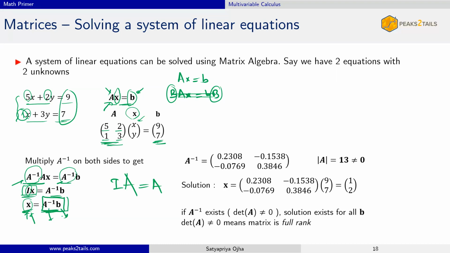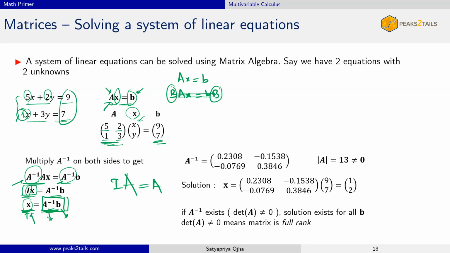Now, naturally, for the solution to exist, A inverse must exist. So x is unique, the answer for x exists, one unique answer for x exists if A inverse exists.